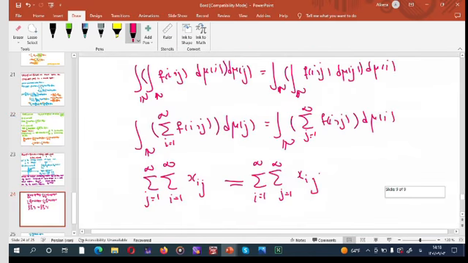Now we see that this internal integral equal to this summation by the definition of counting measure.